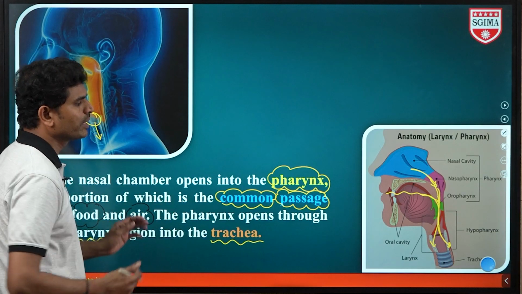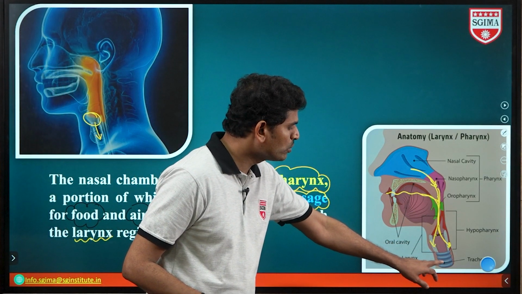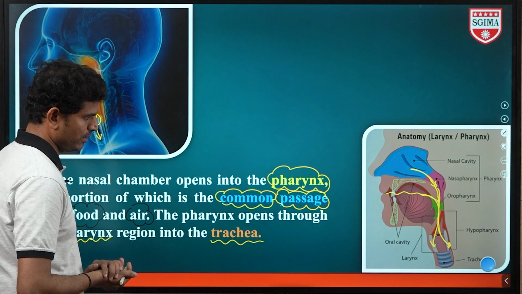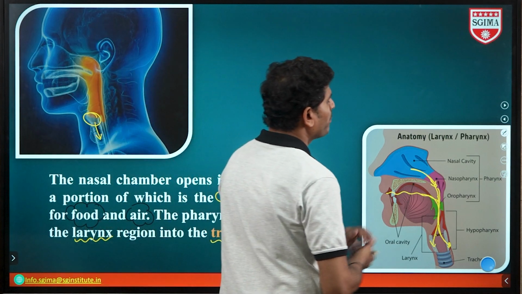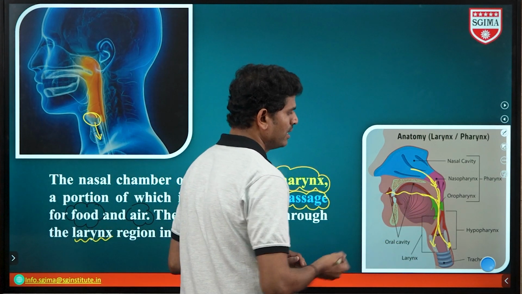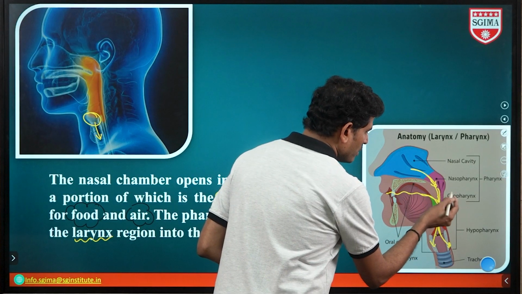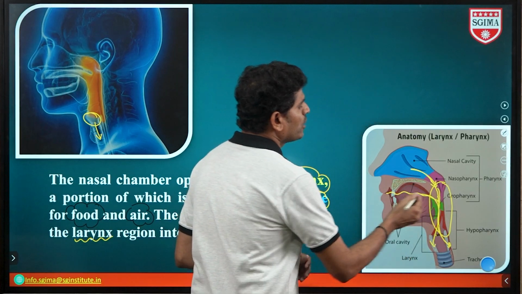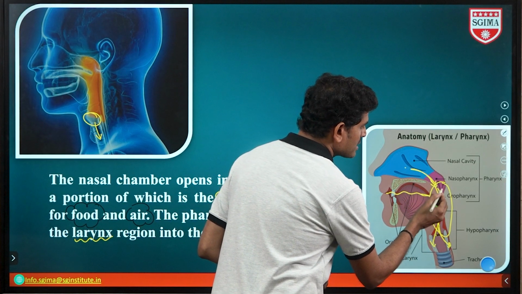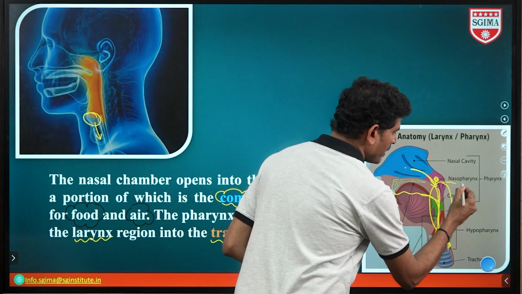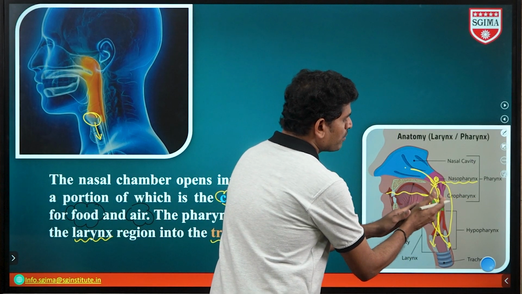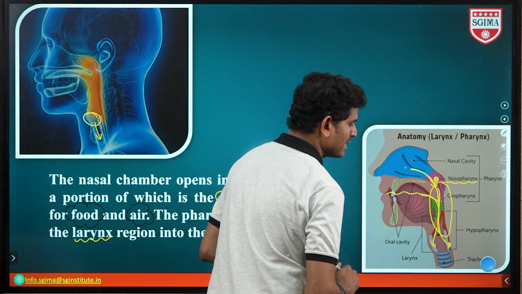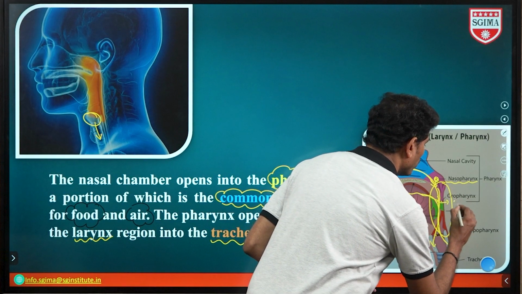And this pharynx, through the larynx, opens into the respiratory tract. Okay, the pharynx has three regions. Those three regions are like this, based on its communication with the different chambers. Totally, we take the area from here onwards as the pharynx. The nasal chamber opens into the pharynx, so that is the nasopharynx. Then the buccal chamber is connected with the pharynx, that is called the oropharynx, or buccopharynx.